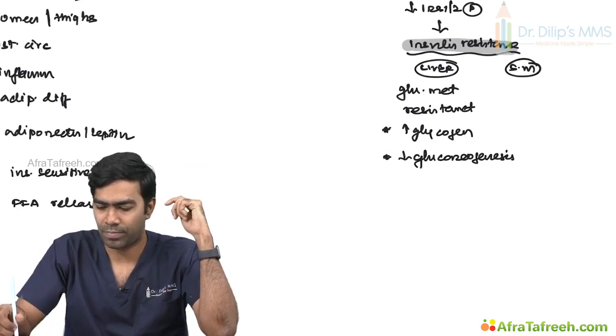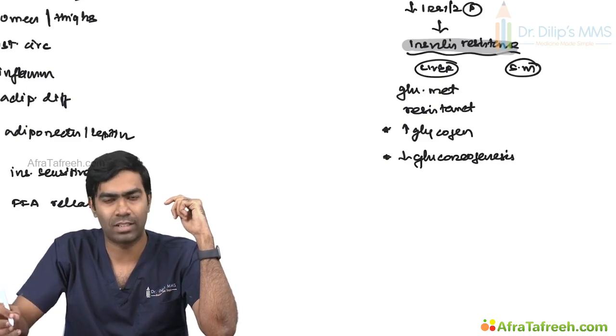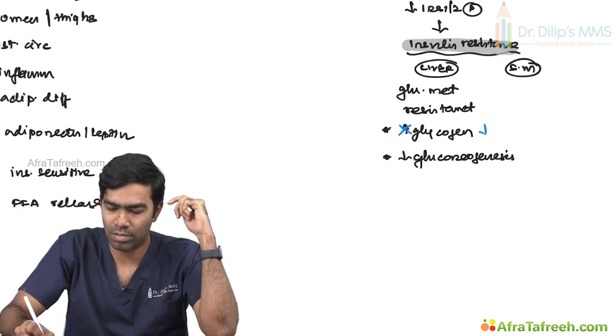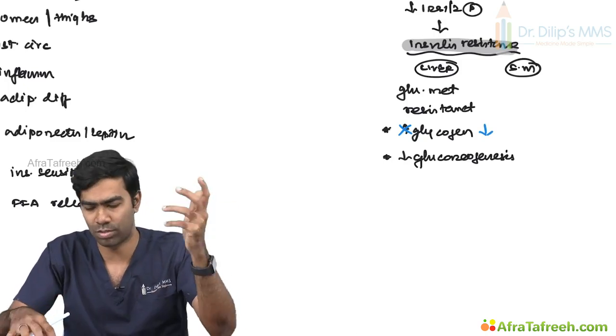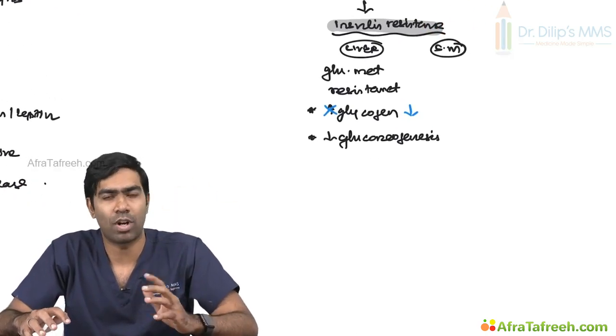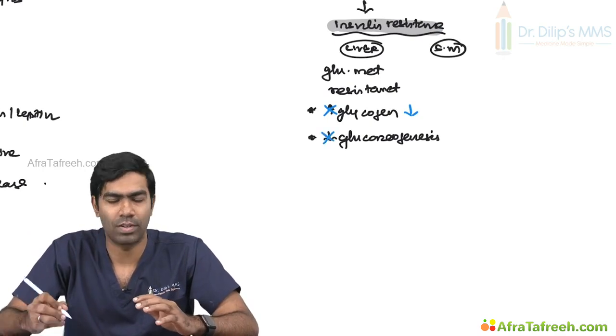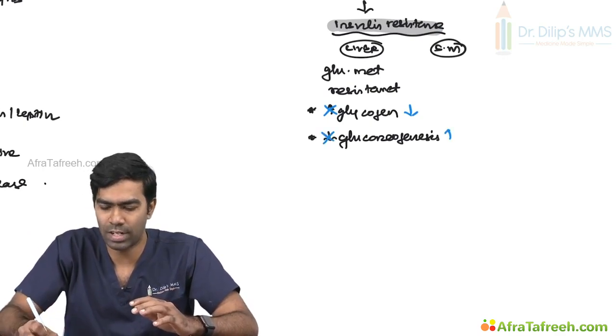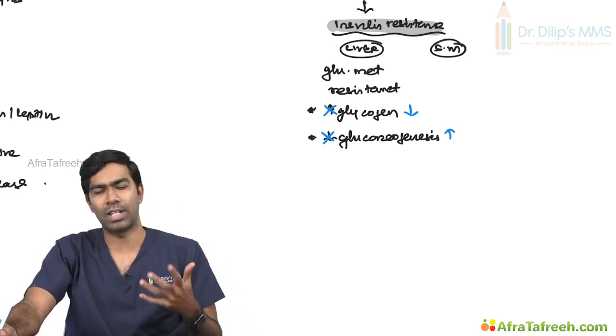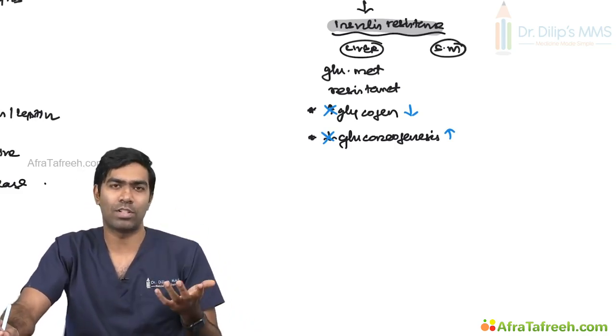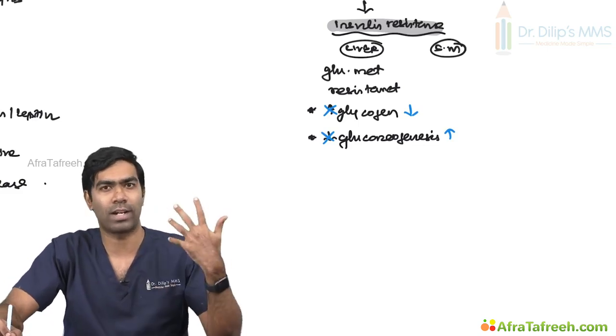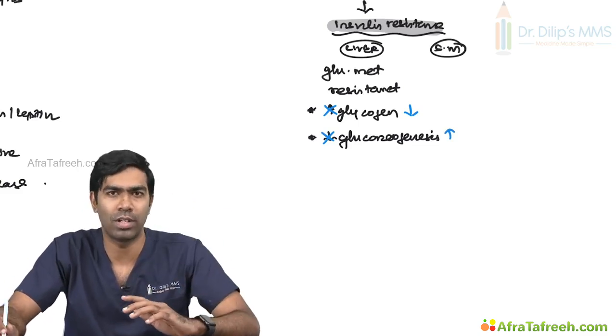But remember the fact, in the presence of insulin resistance, glycogen production will decrease because, of course, your glycogen synthase enzyme will not become active in the setting of insulin resistance, and gluconeogenesis will increase because your gluconeogenic hormones, in the absence of insulin or in the presence of insulin resistance, are going to become more active, and they're going to pour a lot of glucose into the blood.